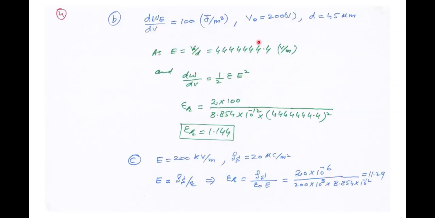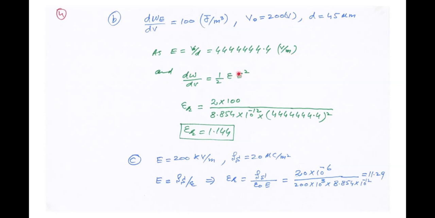So we know that the electrostatic energy density is given by this relation, and for the given value of V naught, the potential difference, and the spacing, we obtain the electric field, which is 4444444.4 volt per meter.